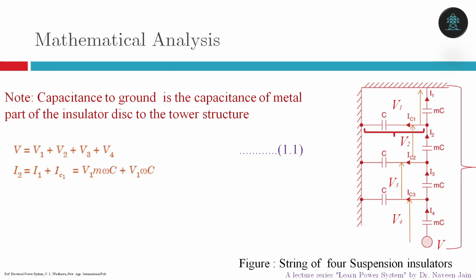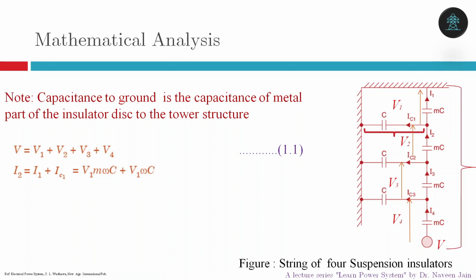Now, having applied KCL, I1 and IC1 are written in terms of voltage, capacitance, angular frequency, and M. So, the first expression is V1 M omega C. Since this I1 is the current through the top insulator disk, the voltage drop across this disk is V1.